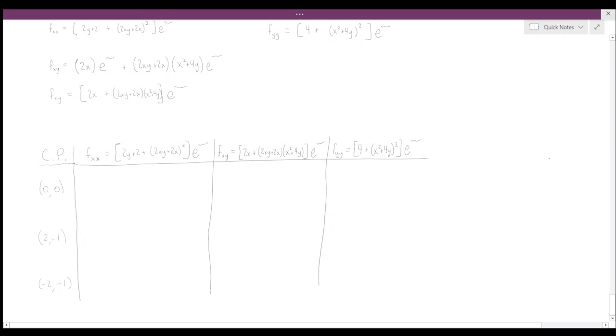And then we'll need d, which was fxx times fyy, whoops, and minus fxy all squared. And then we'll be able to make our conclusion after all of that.